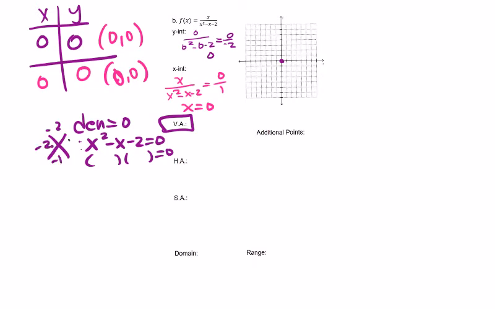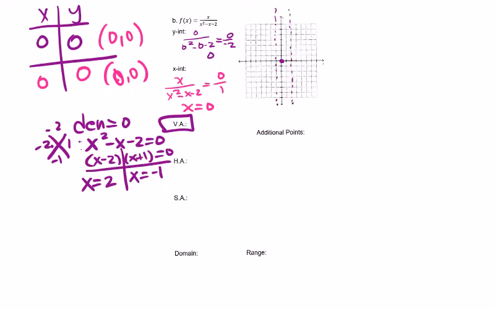Well, that is negative 2 and positive 1. So x minus 2 and x plus 1. Set both of those equal to 0. We get x is equal to positive 2 and x is equal to negative 1. We are going to have vertical asymptotes at x equals negative 1 and x equals positive 2.